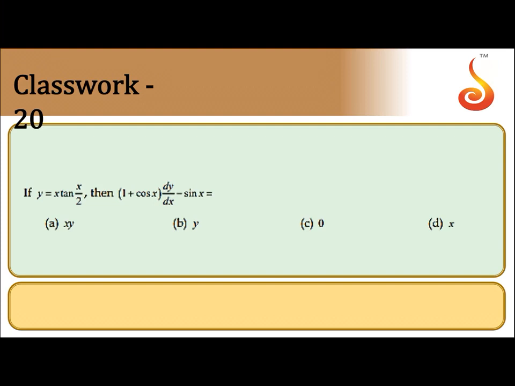Yes, the 20th one. y equals x tan x by 2, and you need to calculate 1 plus cos x multiplied by dy by dx minus sin x. So y equals x multiplied by tan x by 2.